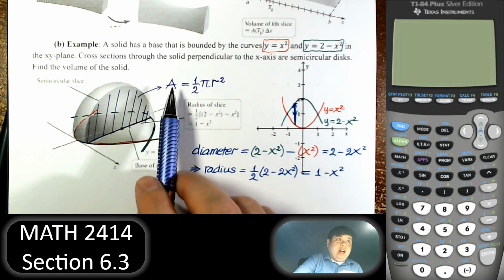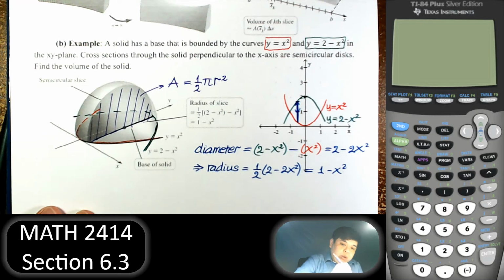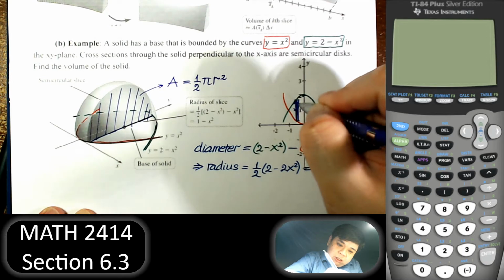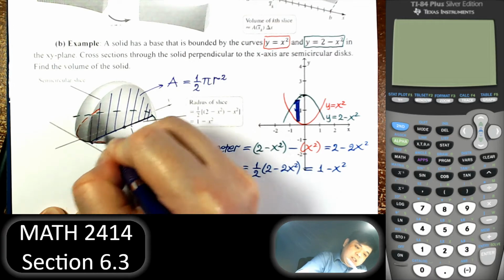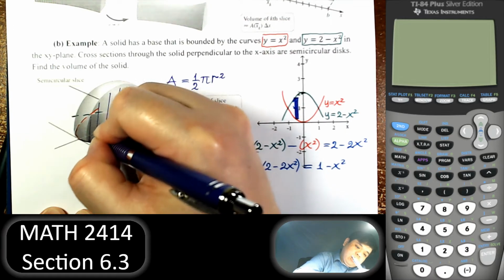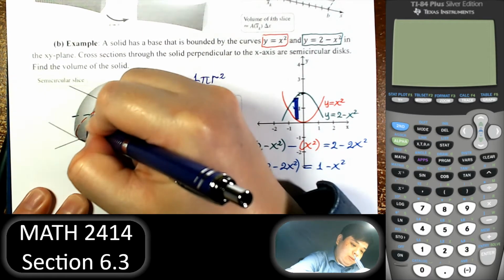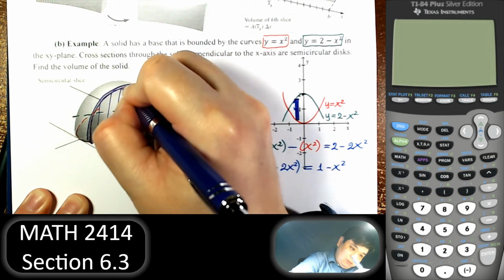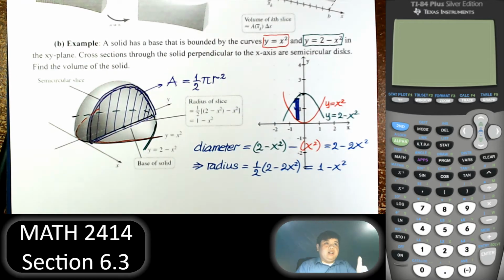So we have the area of the cross section of a semicircular disk, and then we need the width. The width will be very small. Think about a very small segment like this, so the width is just going to be delta x. So we have a slice from it, and the width is delta x.